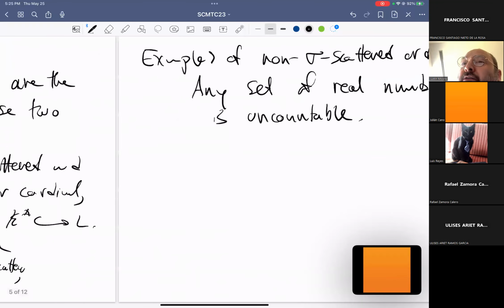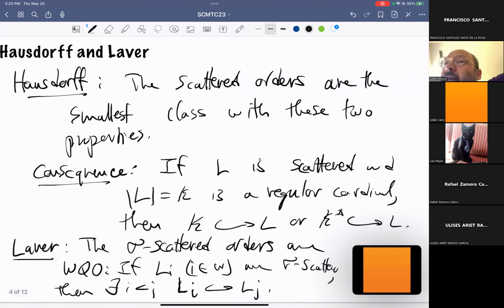So going back to Hausdorff's theorem, this consequence of Hausdorff's theorem says that if you have a scattered order L which has cardinality kappa, a regular cardinal, then either kappa or its reverse embeds into L. This immediately extends to sigma scattered orders.